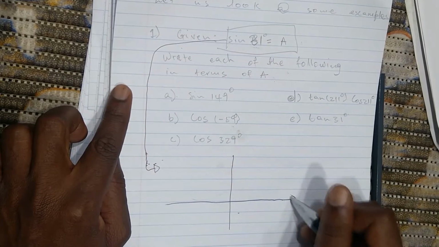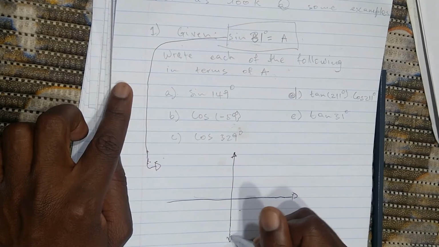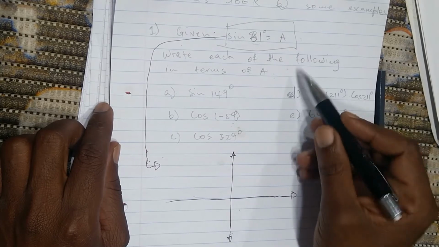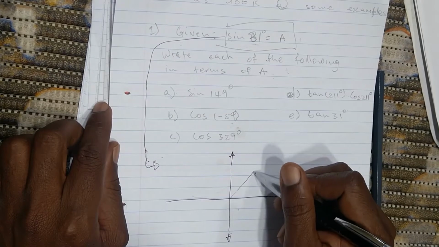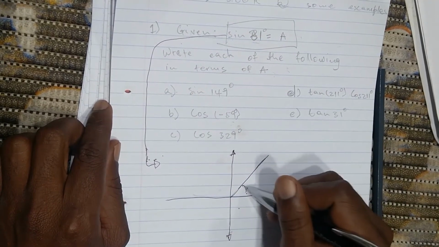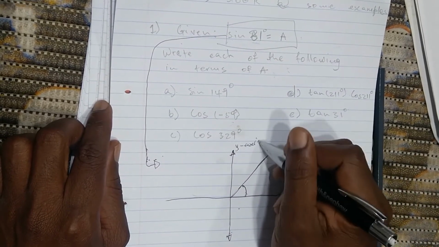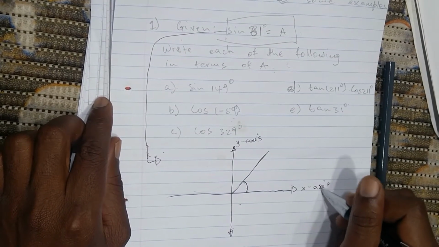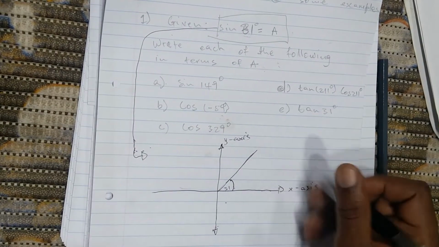So what we are looking at is that the sine of 31 degrees is equal to A, right? So it means that if we now reconstruct on the Cartesian plane, that's the y-axis and this is the x-axis, and that is angle 31 degrees.